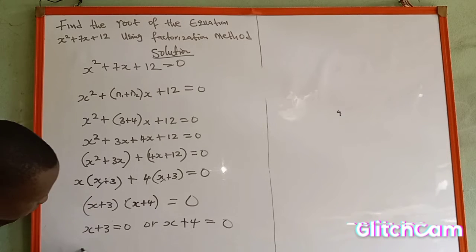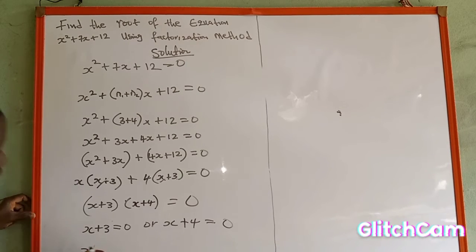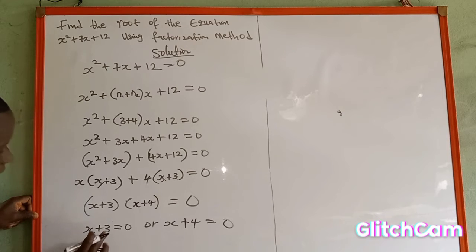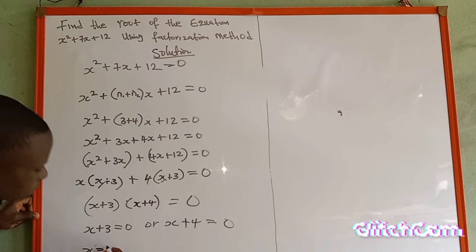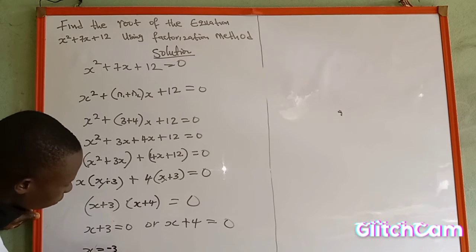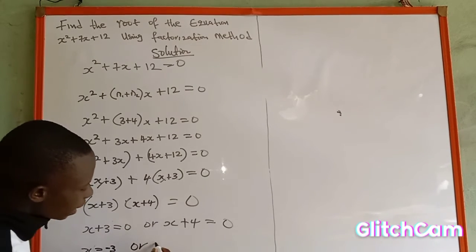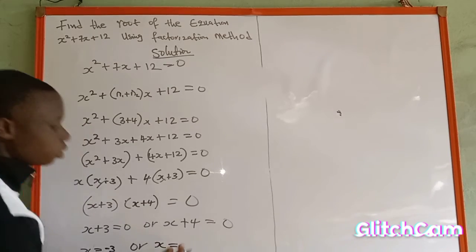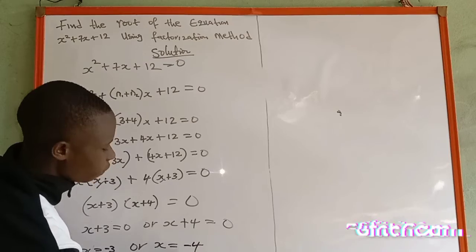So to make s1, as we call this one, the subject of the formula, this 3 is going to cross this sign and meet this 0 here. So you see it will turn to negative 3, because negative 3 plus 0 is still negative 3. Or my s here is equal to this 4 crossing to meet this 0, and it will turn to negative 4.